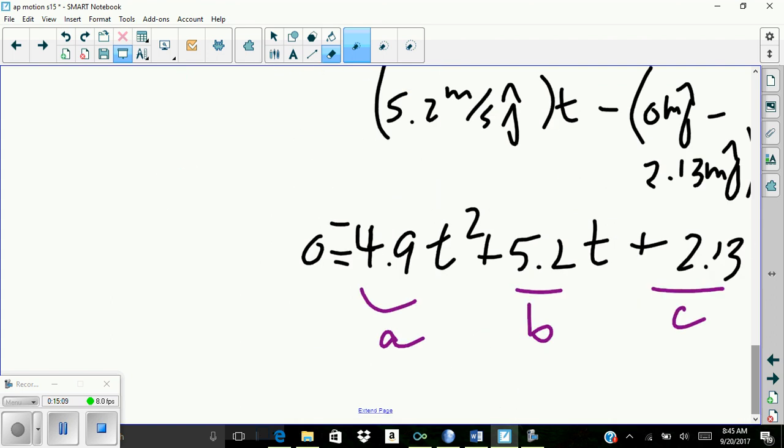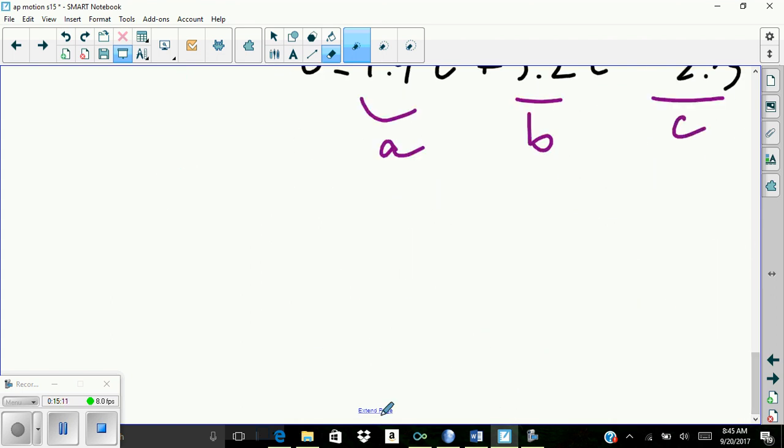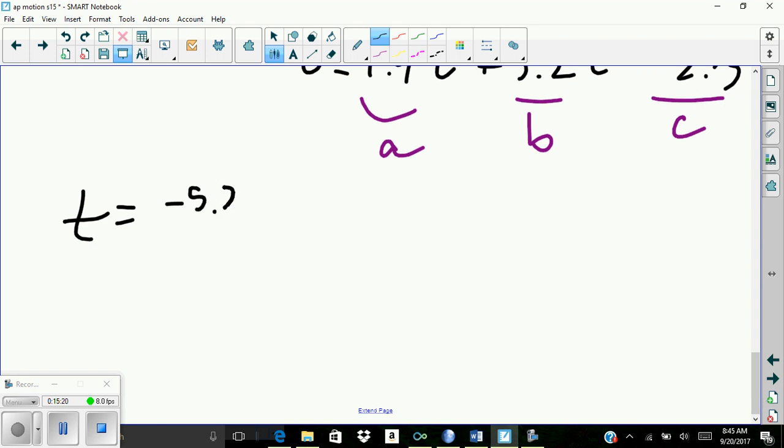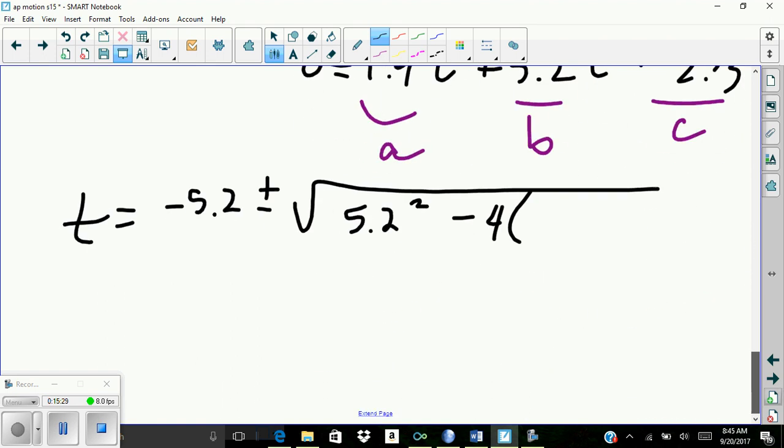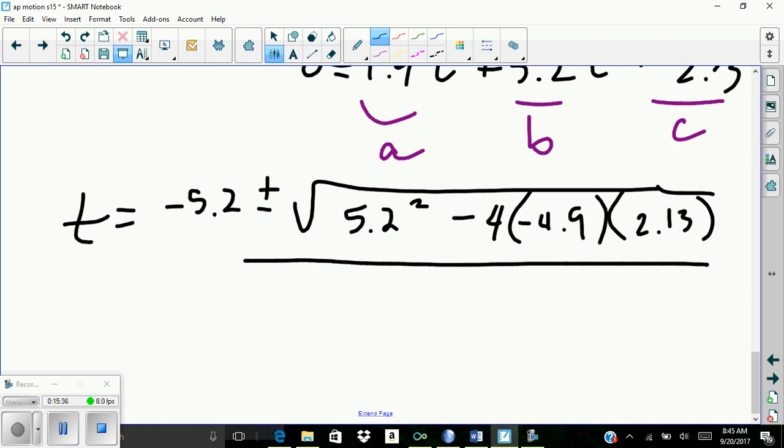Okay, so let's go ahead and solve for t. I have t equals minus b. So b is 5.2. So that's minus 5.2 plus or minus the square root of 5.2 squared minus 4 times negative 4.9 times 2.13 all over 2 times negative 4.9.